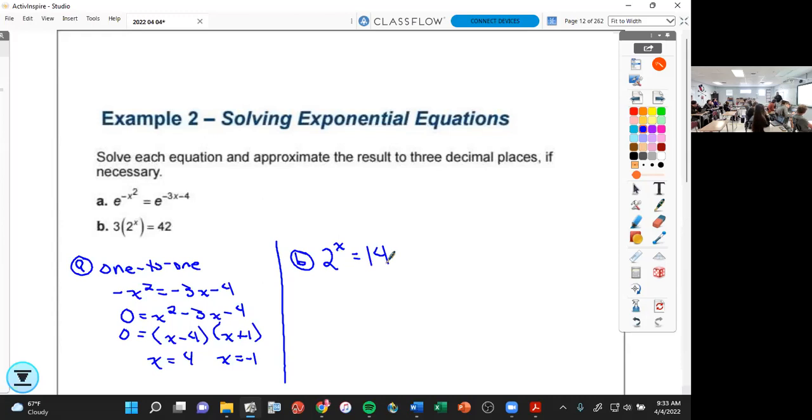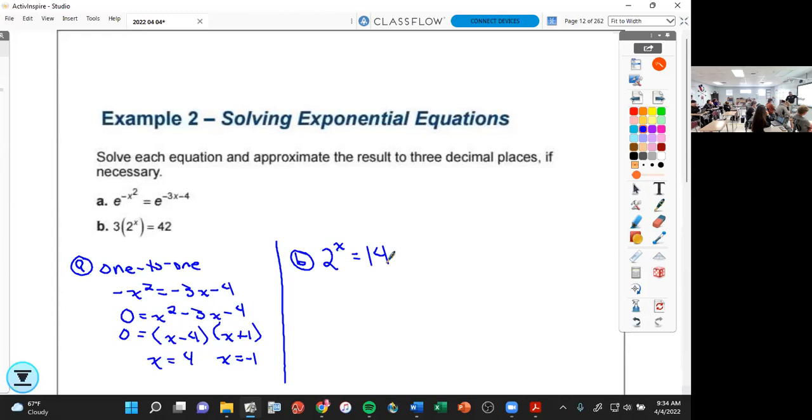Can you write 14 as 2 to some power? No, 2 to the third power is 8 and 2 to the fourth power is 16, right? So I cannot do one-to-one. This is going to have to be inverse.